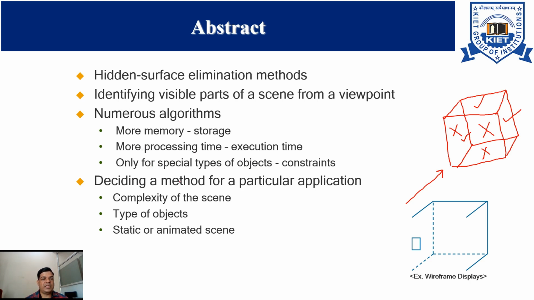Deciding which method is good for a particular application depends on the complexity of the scene, the type of the objects, and whether we want to display a static or animated image of an object.